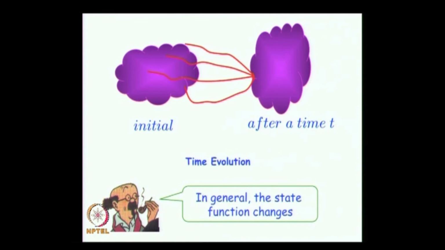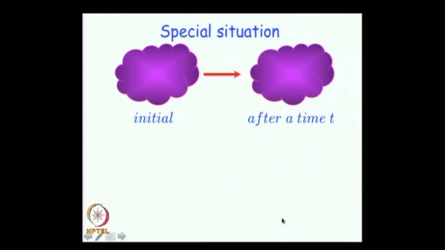So, in general, as Professor Calculus says, the state function actually changes, but it is possible to think of special situations where even though the time is passing, the shape of the wave function does not change. So, how does one find that? The answer is the following.